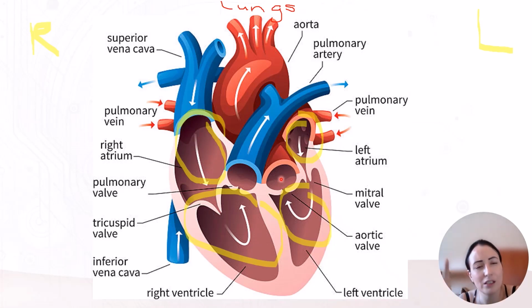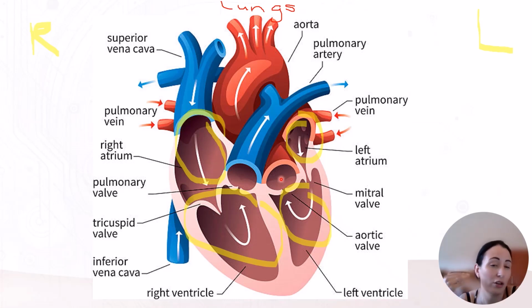Okay, these organs, cells, and tissues go through metabolic processes, cellular respiration, and they use up this oxygen that's in the blood, and they release carbon dioxide, making the blood deoxygenated, because it's now full of carbon dioxide and not oxygen. The blood then needs to come back to the heart.